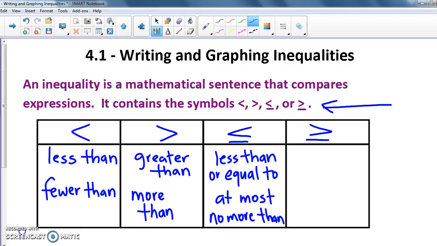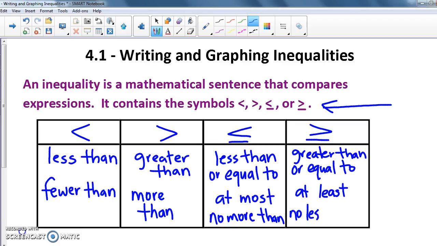Okay, and if we look over here on the right, this one is going to be greater than or equal to. You might also see at least. And finally, you might see no less than. Okay, so take a minute, make sure you have this chart copied down. Pause the video if you need to.